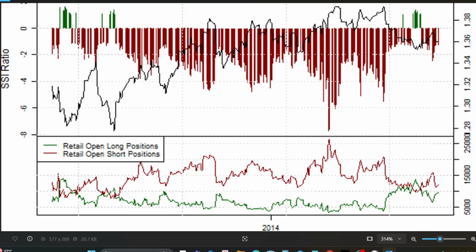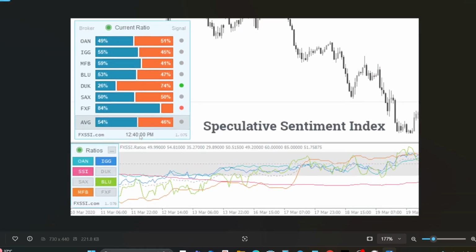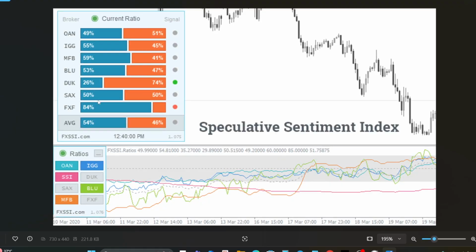So, before we round up, let us just recap why the speculative sentiment index is so important. One is that it reveals retail trader positioning, helping you avoid common mistakes. Also, it acts as a contrarian indicator, showing when the crowd is likely wrong.